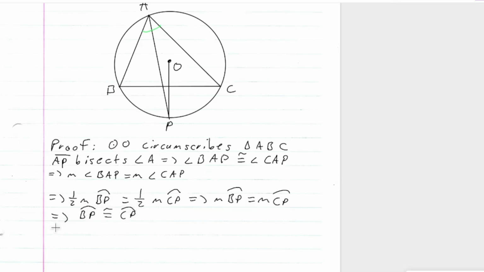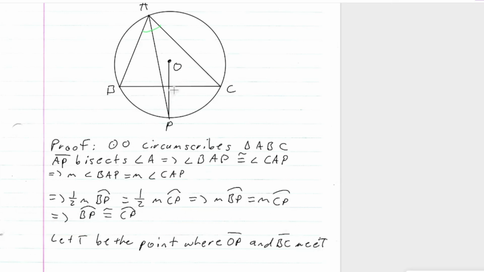Now, we're going to let T be the point where OP and BC meet. Right?